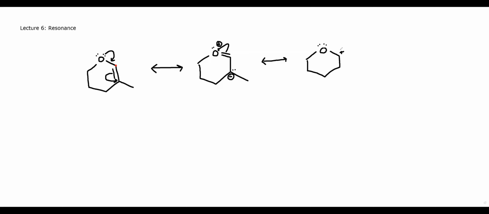It would give this carbon a positive charge, and it would give this carbon still a negative charge. We didn't touch that one. Okay. And then to get back to the very first structure, we're just going to turn this lone pair into that pi bond. And that gets us back to our very first structure.